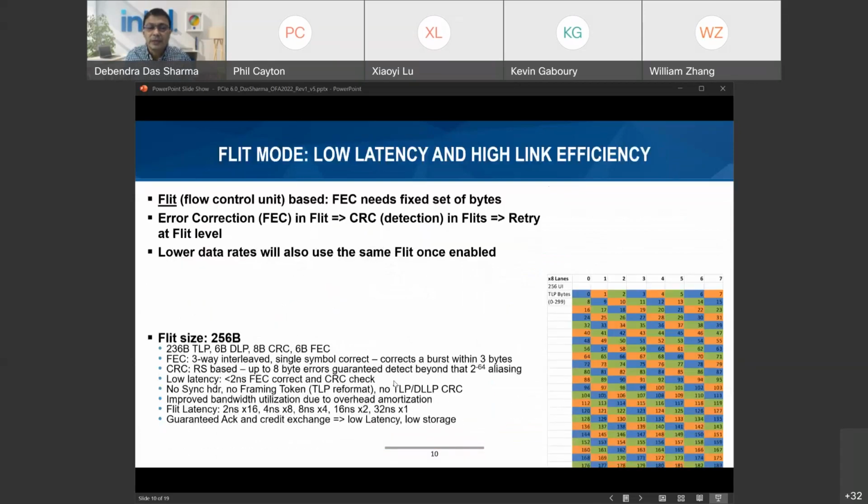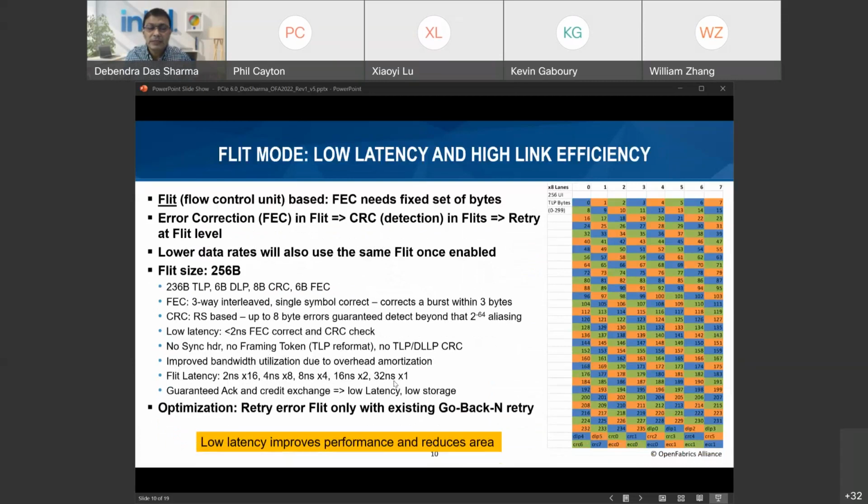In PCIe, once I do forward error correction, it operates on a fixed size of data. PCIe has variable length packets, so I need to fit them into fixed length units called Flits. Flit is nothing new; in the coherency world, we have been using it for decades.